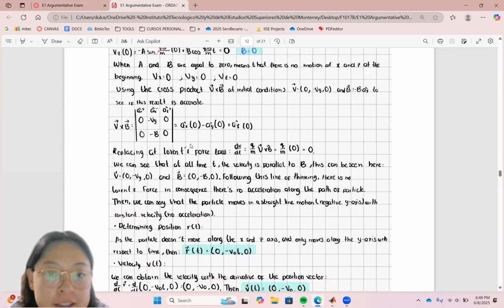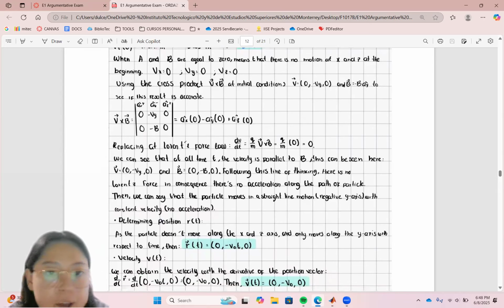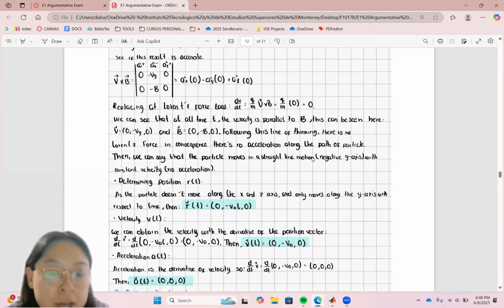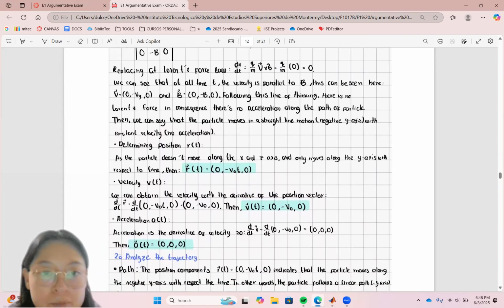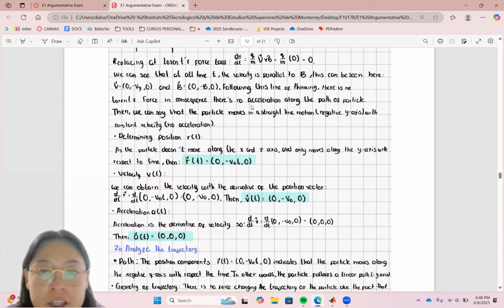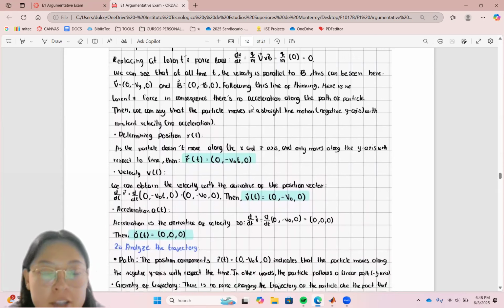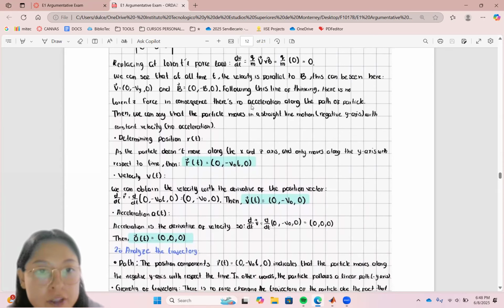Then I replace these values in the Lorentz force and I obtain zero again. And we can see with this that at all times t, the velocity is parallel to B, and this can be seen here. And following this line of thinking, there is no Lorentz force, in consequence there is no acceleration along the path of the particle.